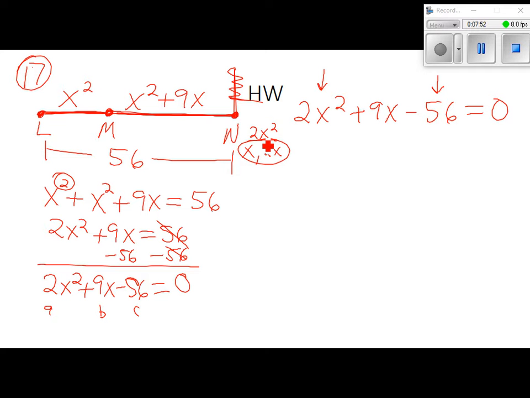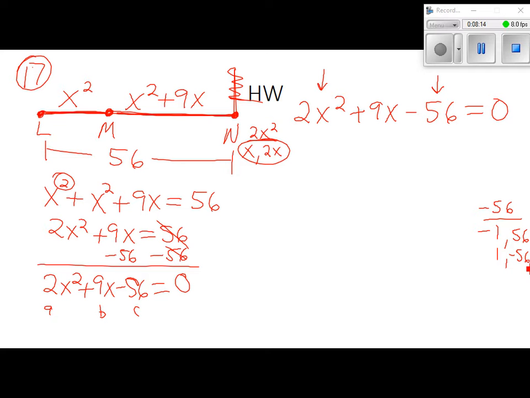Then we look over here, negative 56. What 2 numbers multiply together give you negative 56? Give me an easy one. Negative 1 and 56, or 1 and negative 56, right?